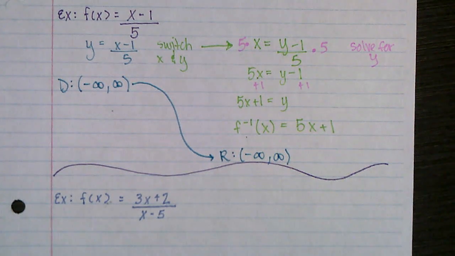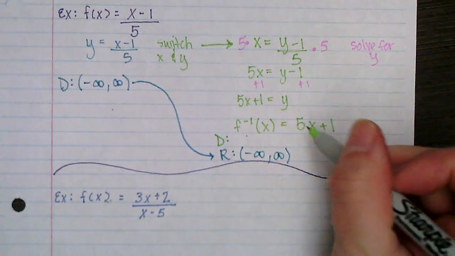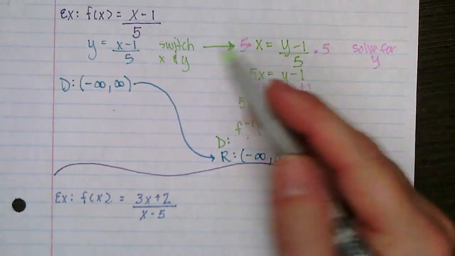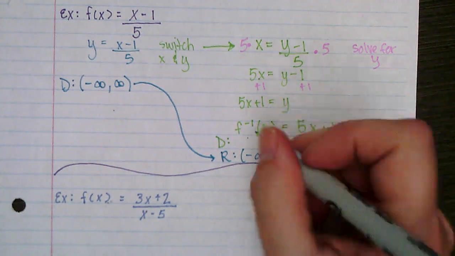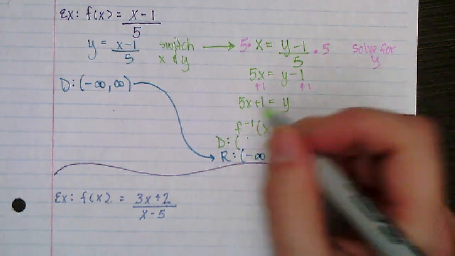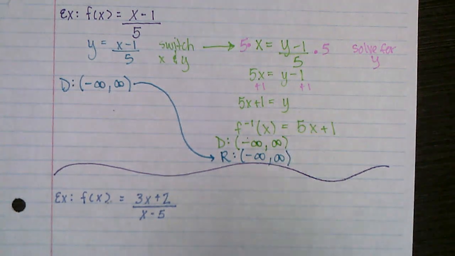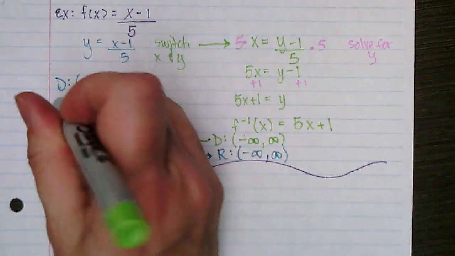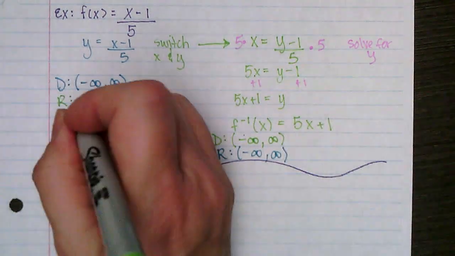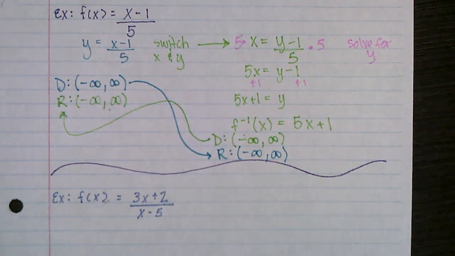Okay, then I want to find the domain for my inverse function. Again, this would be a line, so is the other one. There are no variables in the denominator and no variables inside even index radicals. So this domain would also be negative infinity to infinity, and that is going to give me the range for my original function, negative infinity to infinity.